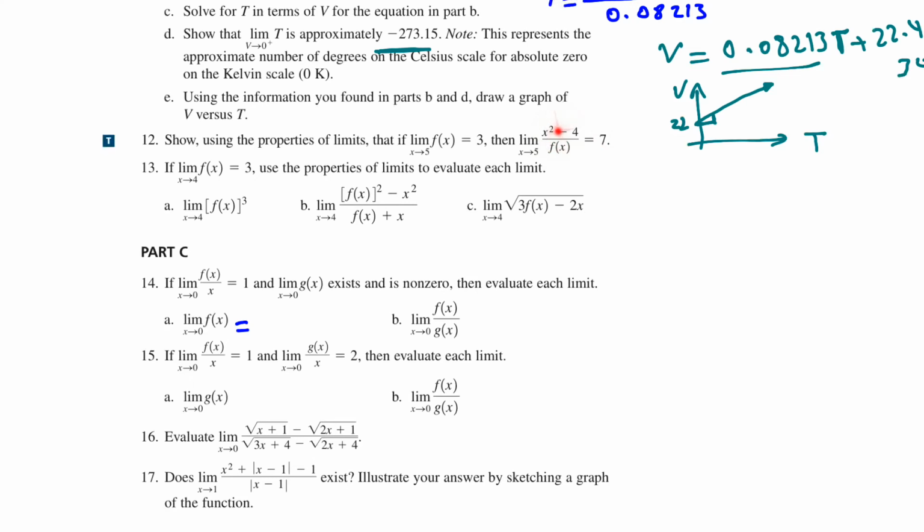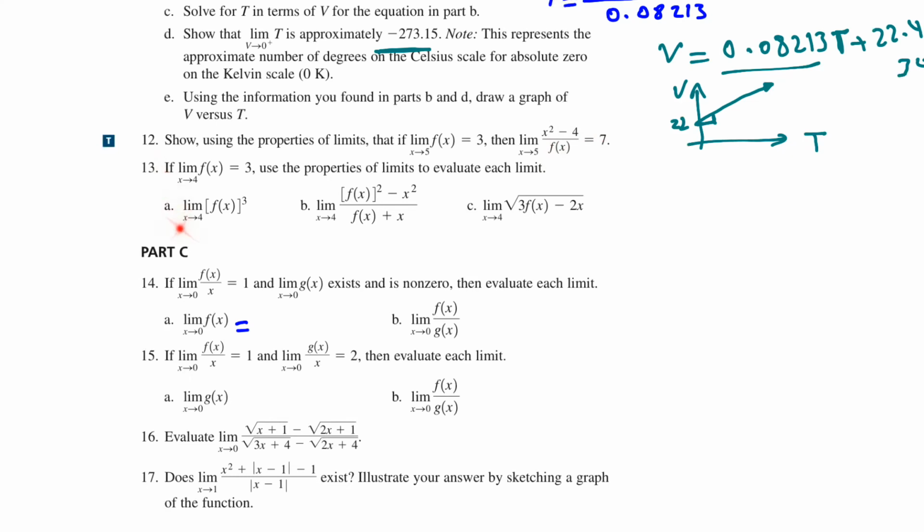We know the limit of a fraction is the same as the limit of the numerator divided by the limit of the denominator. The limit of the numerator as x approaches 5 is 25 minus 4, which is 21. And the limit of f of x as x approaches 5 is 3. So the answer is 21 over 3, which is 7.